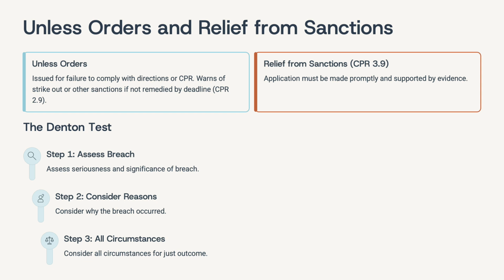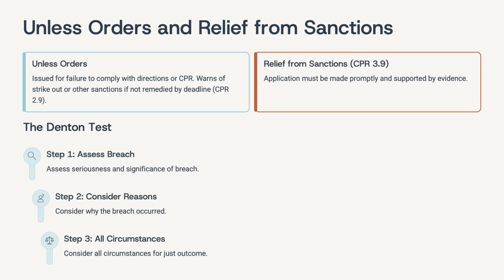If a party fails to comply with a rule or order, the court may issue an unless order. It is a clear warning: comply by this date or face the consequences. If the deadline is missed, the sanction applies automatically. Often strike out or dismissal. The only lifeline then is an application for relief from sanction under CPR 3.9.